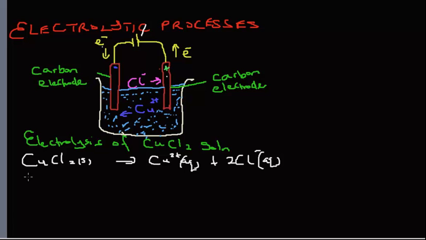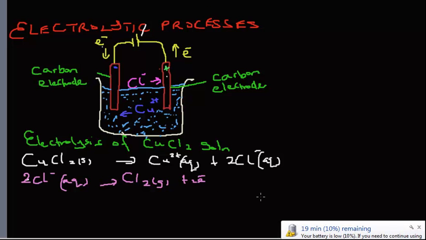Initially, we have already highlighted that we are going to have our chloride ions here. They are being attracted to the positive electrode, so we have our two aqueous chloride ions attracted to the positive electrode, which is our anode. We are going to have our chlorine gas there, plus our two electrons.